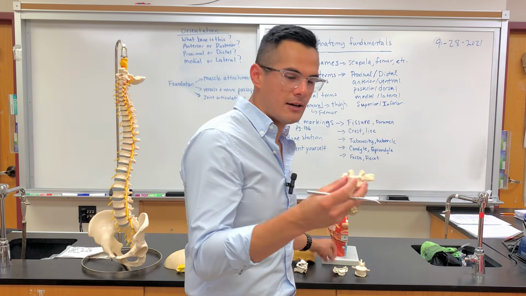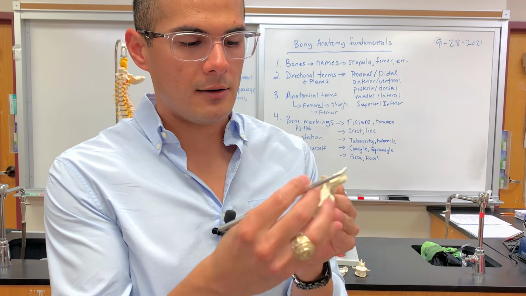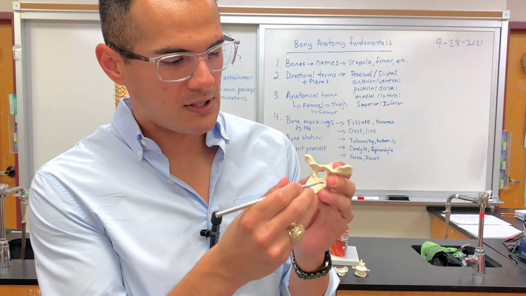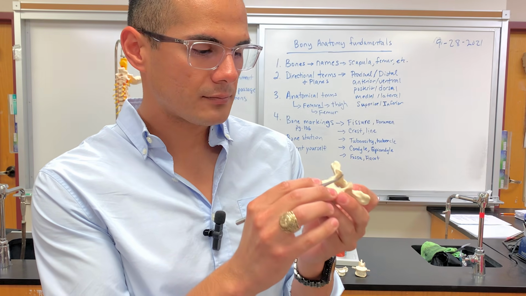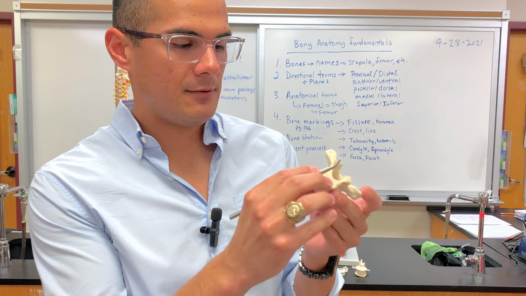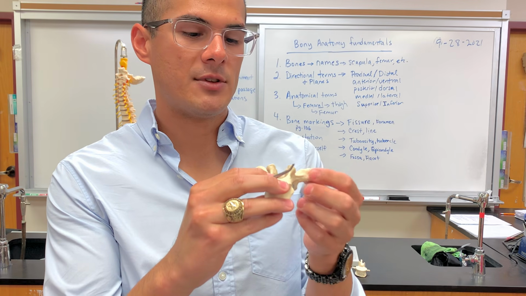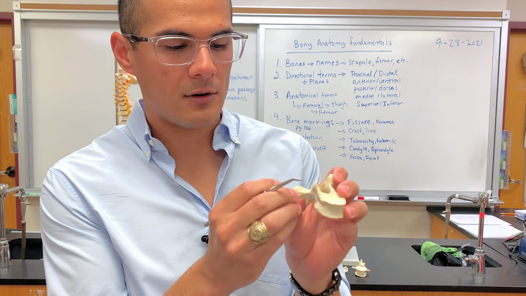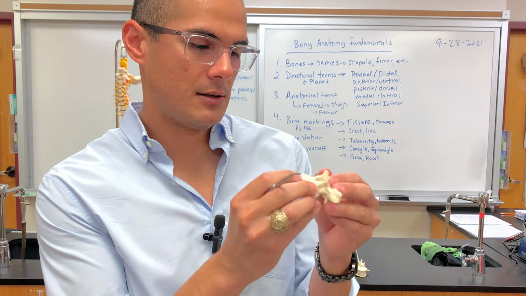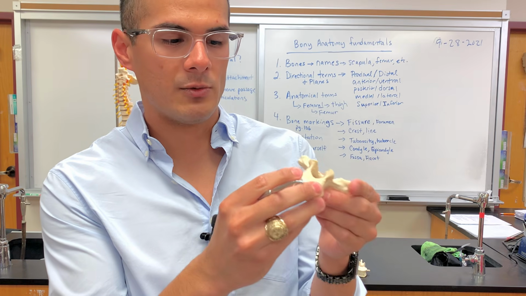And then I know that this one is a thoracic vertebra because, first off, you look at the shape of the body, and this one is heart-shaped. Another distinct feature is that within these transverse processes you have the transverse fossa or facet, which articulates with the rib.